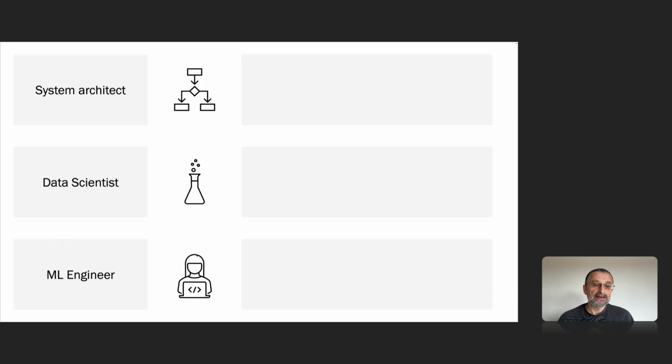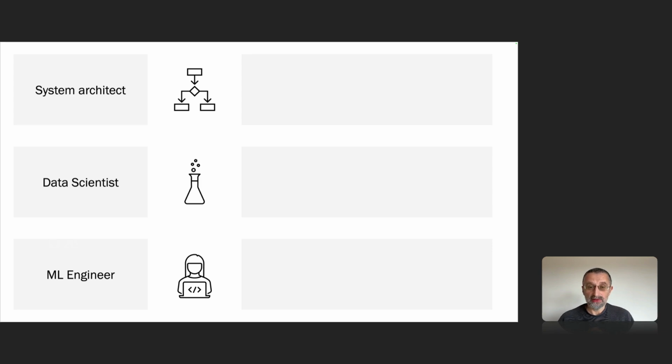Next, we have the data scientist, someone who will be responsible for the data science part: feature engineering, model training and evaluation, hyperparameter fine-tuning. And we also need a machine learning engineer who will take this trained model to production and deploy it. In the meantime, obviously, we also have the data engineer, but we'll cover this topic later on.